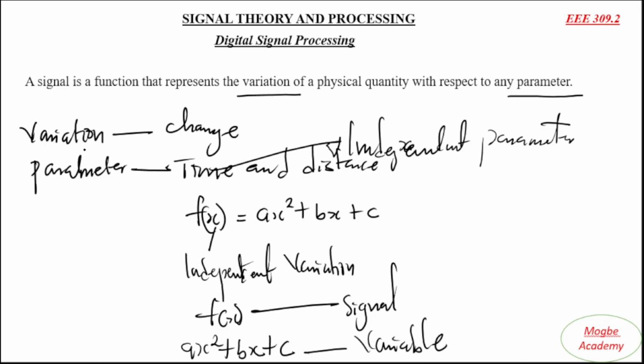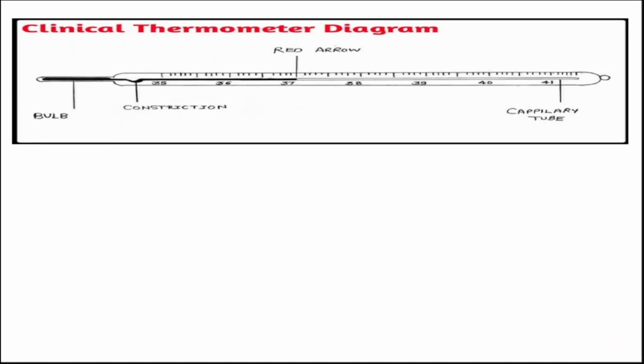Now let's take an example. If you have a thermometer, we all know that a thermometer is used to measure temperature. We have other tools that we use, but let's consider the thermometer in this case.